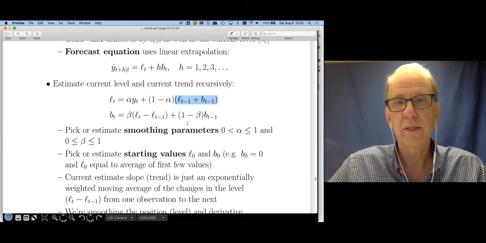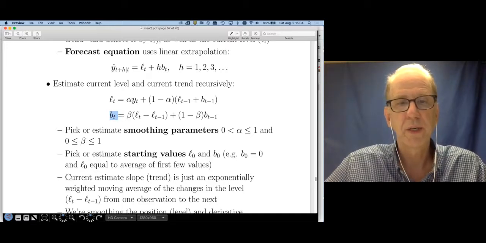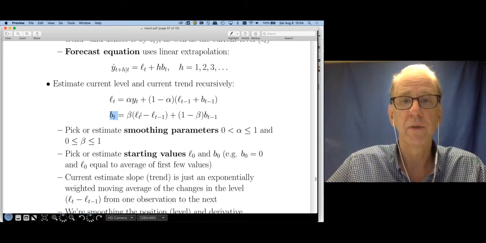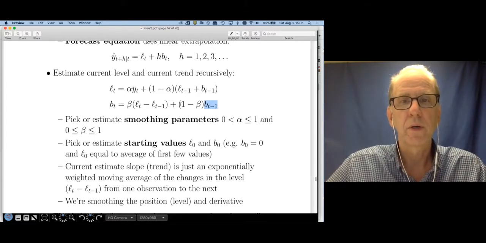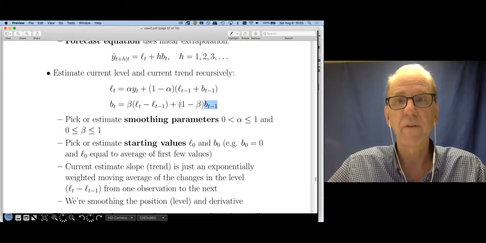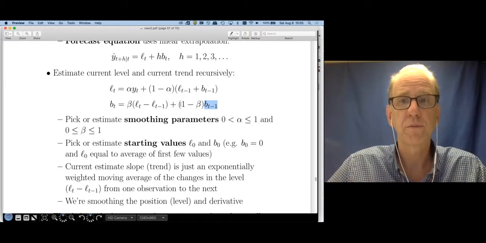This is exactly what I said. The current estimate of the slope is just an exponentially weighted moving average of the changes in the level. So that's a change in the level. You can think of this as the summary of all the previous changes in the level, and we're just doing an exponentially weighted moving average of those observed changes.